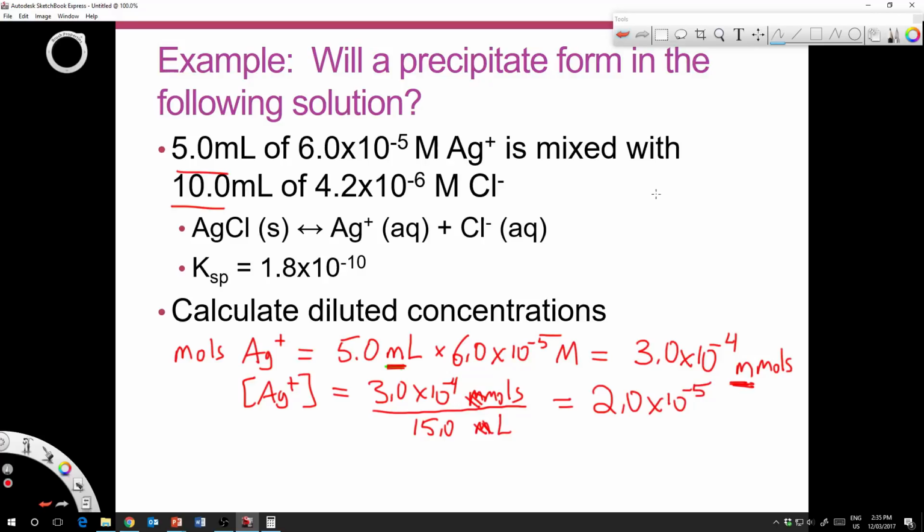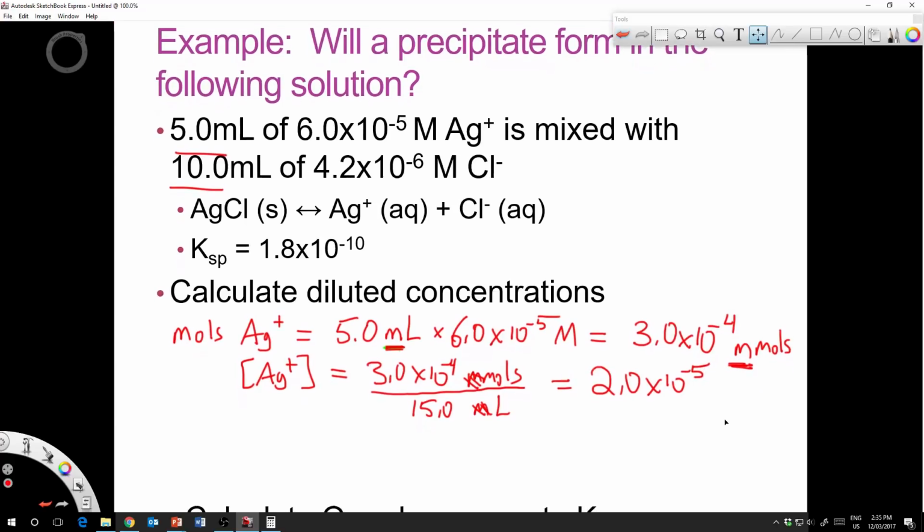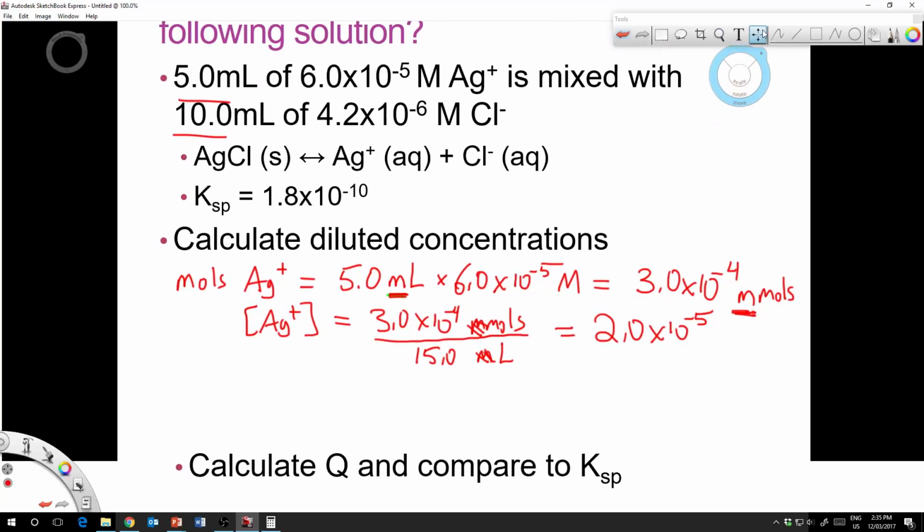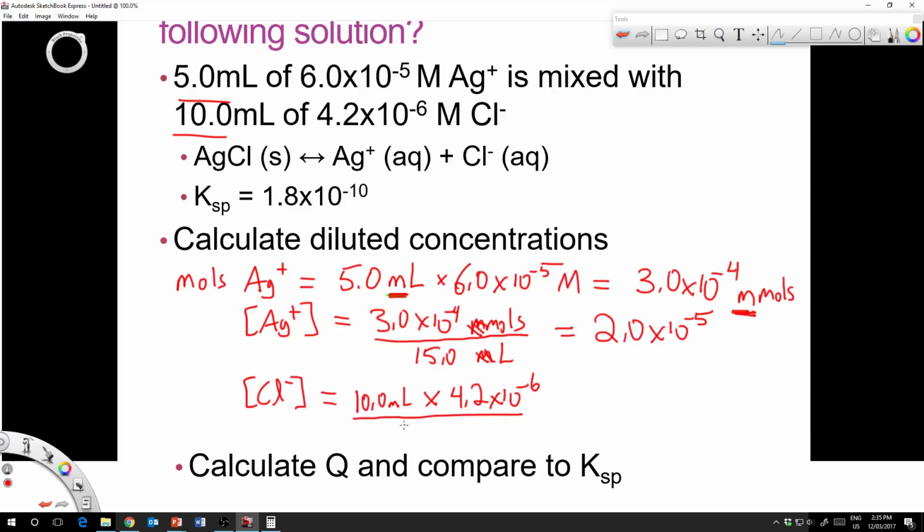Yeah. Now, this does, again, make it a little easier, because for chloride ions, we can then do the same thing. We can do the 10 milliliters times its concentration of 4.2 times 10 to the negative 6, and then we can divide this by the 15 milliliters, and this will give us the molarity of chloride.